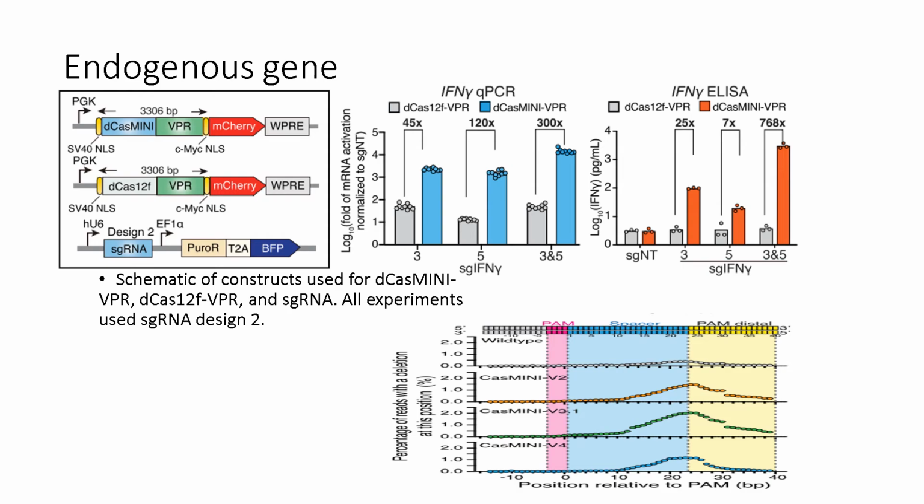For example, for interferon gamma activation using two different single guide RNAs, dCas-mini VPR outperformed dCas12F VPR by 45-fold or 120-fold on the mRNA level measured by quantitative PCR, or 25-fold or 7-fold on the protein level measured by ELISA.